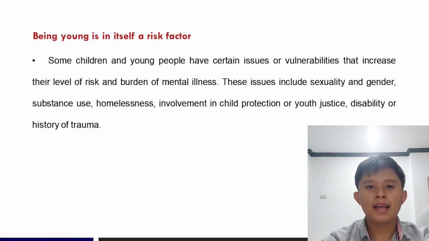Being young is in itself a risk factor. Some children and young people have certain issues or vulnerabilities that increase their level of risk and burden of mental illness. These issues include sexuality and gender, substance use, homelessness, involvement in child protection or youth justice, disability, or history of trauma.